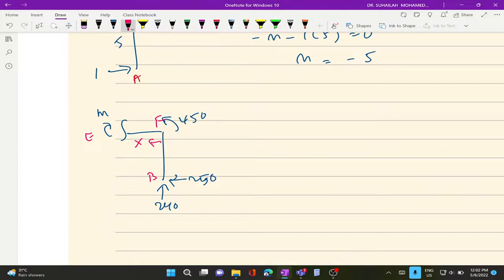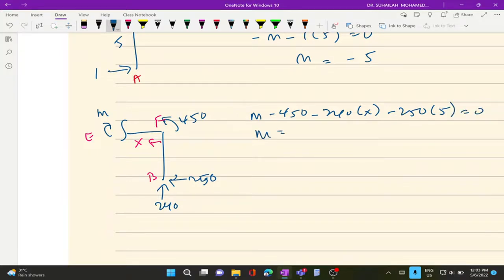Okay, so we write equation. It is M minus 450 minus 240 times X plus 250 times 5. This is equal to 0.